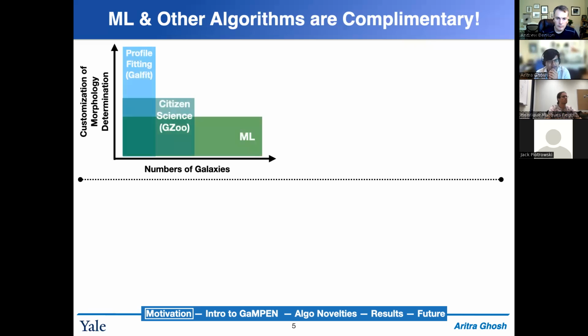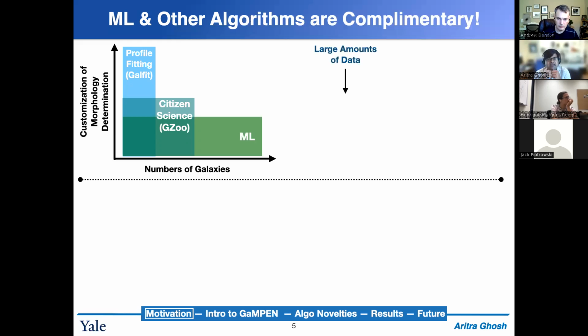So essentially, if you want to have a limited number of galaxies and you want a lot of customization in how you want to determine your morphology, you want to add spiral arms, you want to add bending modes, and you want to add other things, then you can use a profile fitting tool like GALFIT, which allows you a lot of customization, but it's only practical to use it for a limited number of galaxies. On the other hand, with machine learning, if you are willing to give up some of that customization, then you can deal with a very large number of galaxies. And citizen science projects like Galaxy Zoo kind of fall somewhere in between these two.